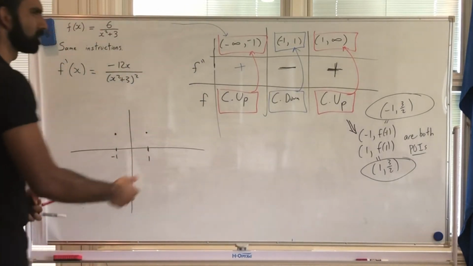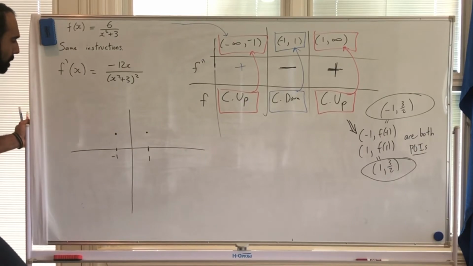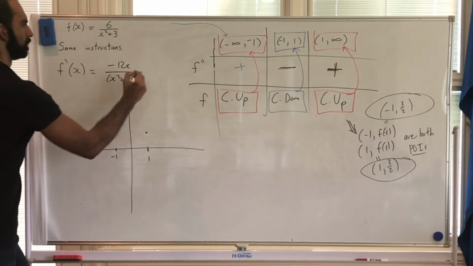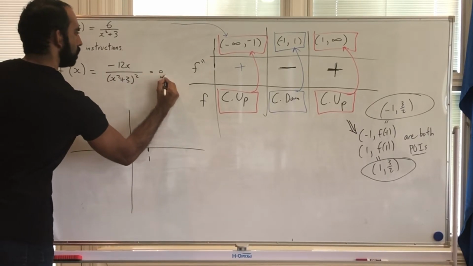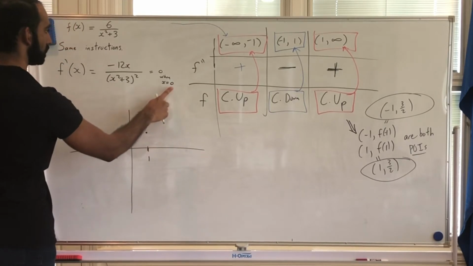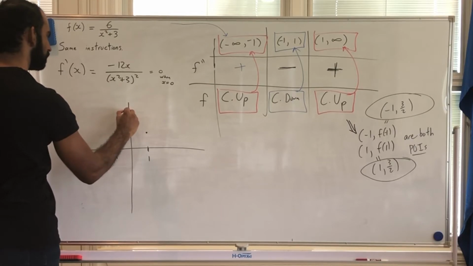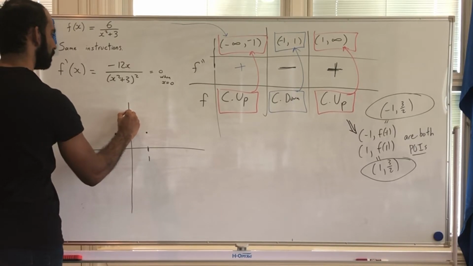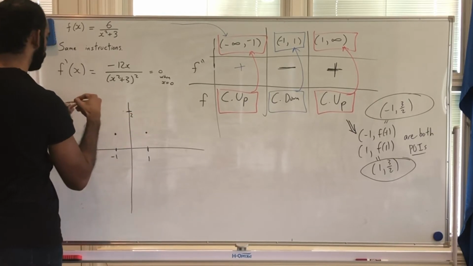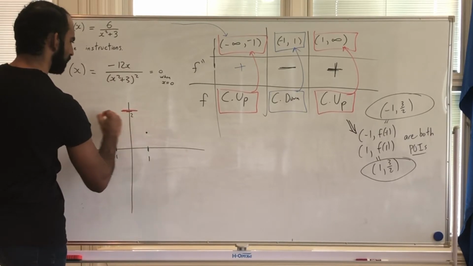Okay, let's incorporate some first derivative knowledge in here. Let's see if there are any relative extrema. Is this thing ever 0 or undefined? It's 0 when x is 0. When x is 0, my original point is 6/3, so 2. So right there I have a slope of 0, indicate that in red.